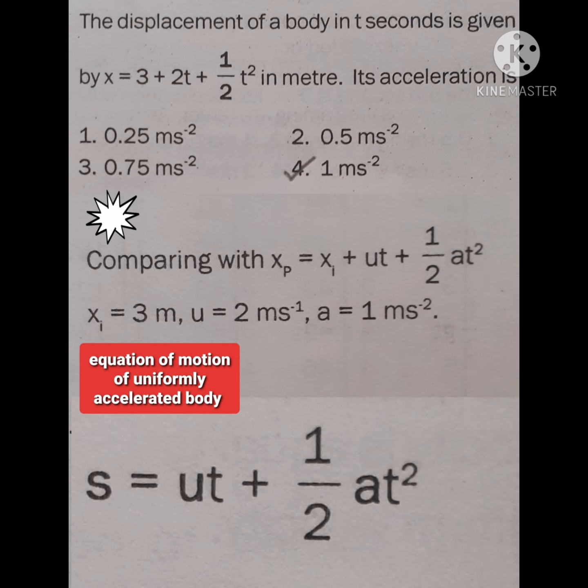We know that the equation of motion of a uniformly accelerated body can be given as x is equal to x initial + ut + 1 by 2 at squared. Just comparing the coefficients, a is nothing but 1 meter per second squared.